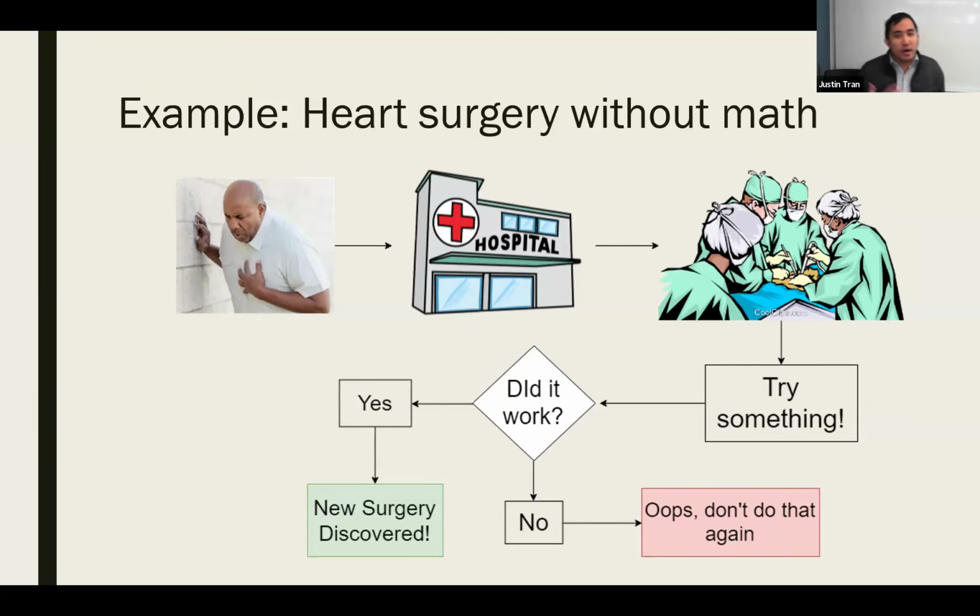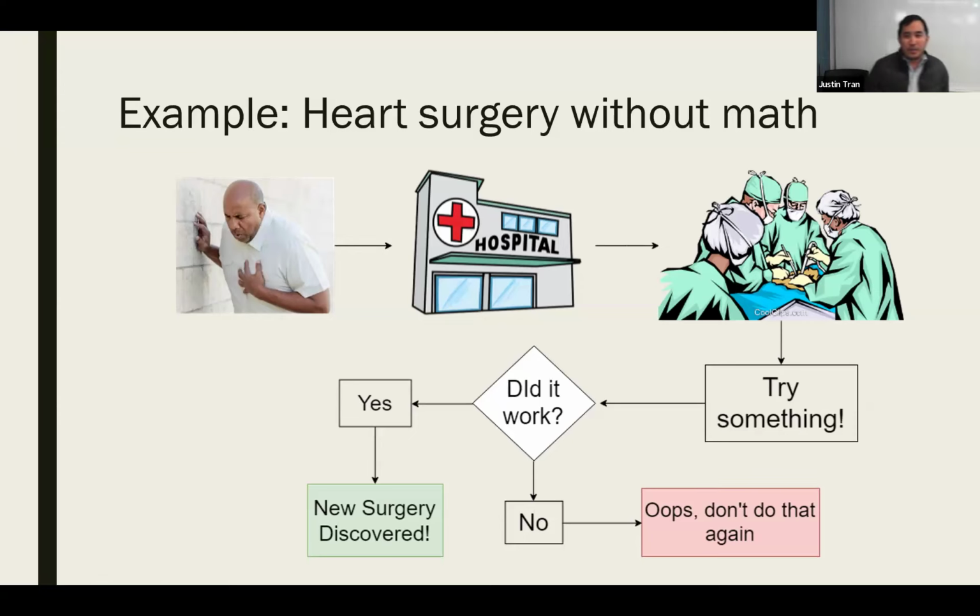Okay. So without any kind of modeling, without any kind of knowledge of the mathematics of how blood flow works, the doctors would be like, I don't know, man, try something. And so they'll try something, they'll connect something somewhere, and then they'll ask, did it work? Is this person alive? If it did, that's great. Then you discovered a new surgery just completely by accident. But if it didn't, then that's kind of an unfortunate result.